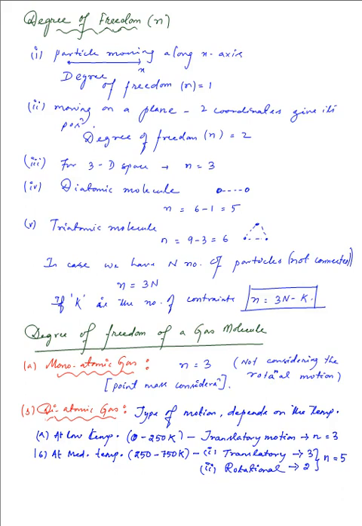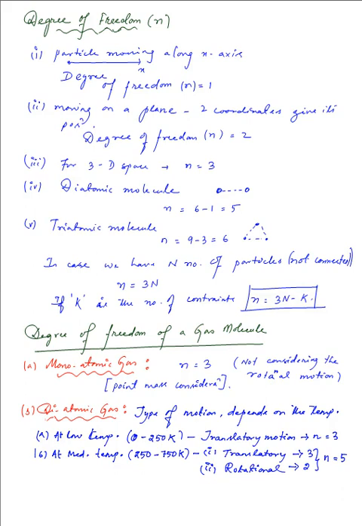While at medium temperature, that is from 250 to 750 Kelvin, you have the translatory as well as the rotational, but in case of rotational we have only 2 components operational. We'll see how, and that sums up to the degree of freedom being equal to 5.